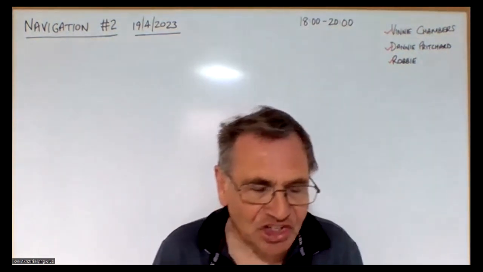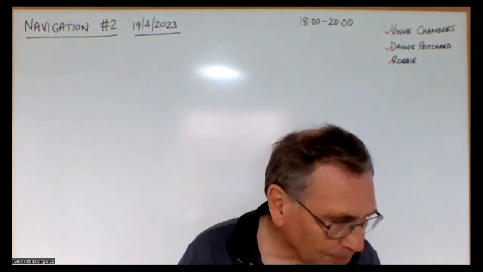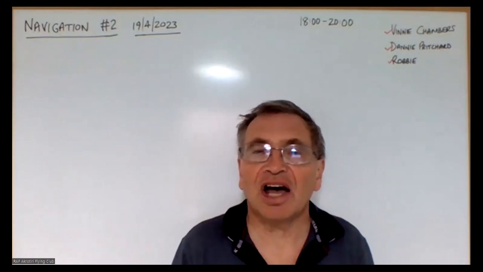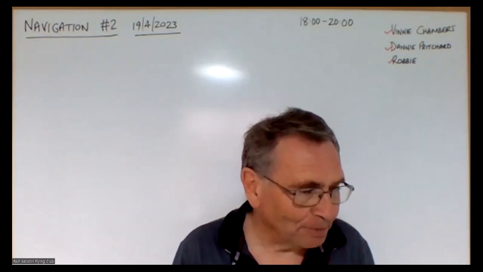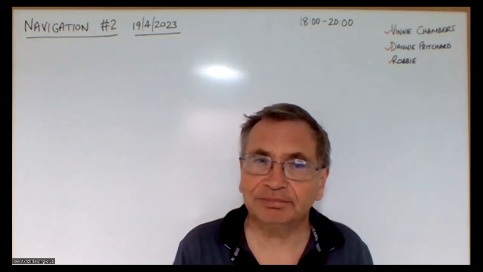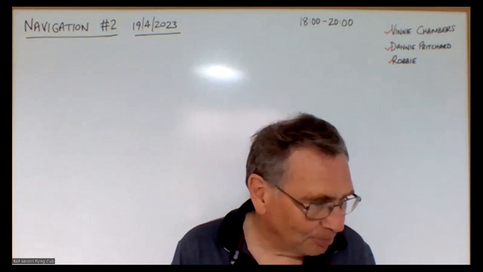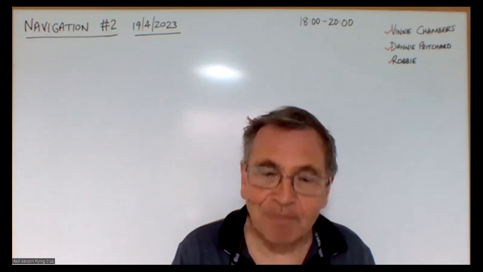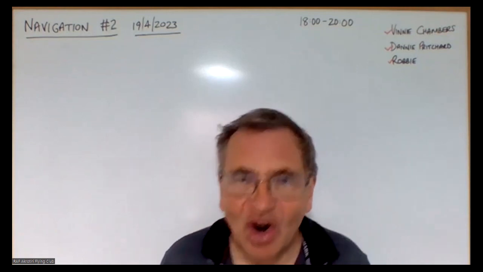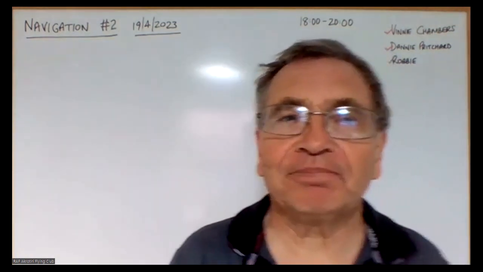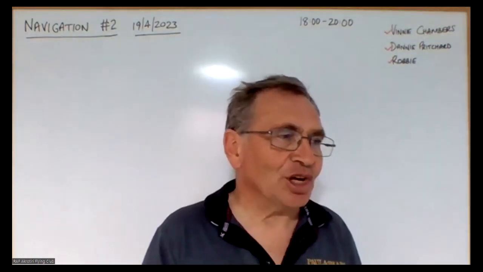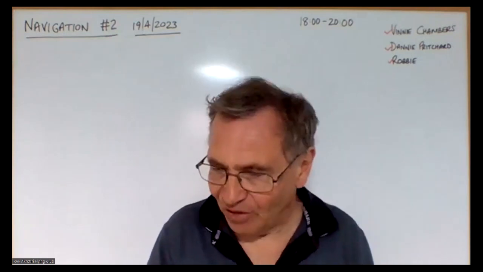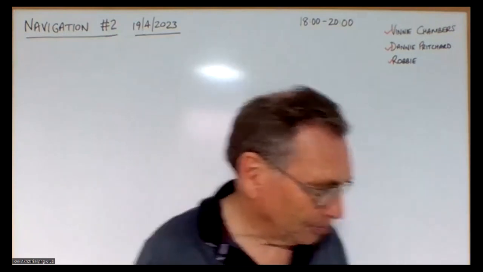Now, in the navigation exam, you'll be given a sheet of blank paper for rough working. Before you put pen to paper and before you've even read the exam paper, you've got to write some things on that rough working out sheet.